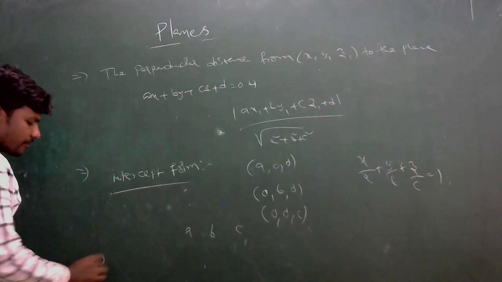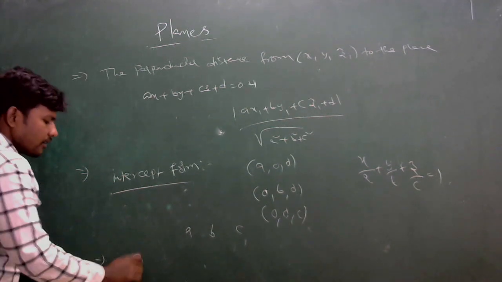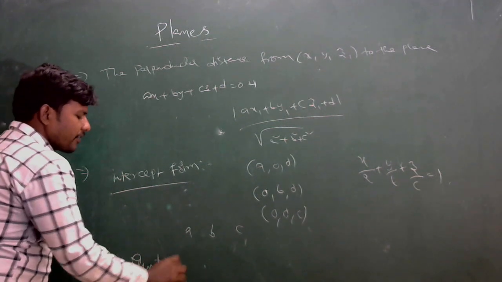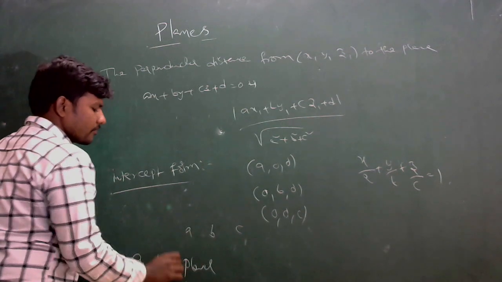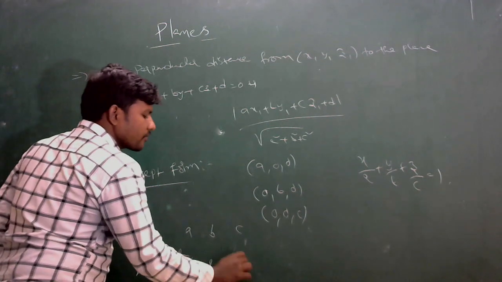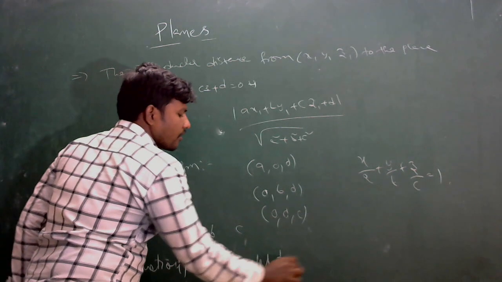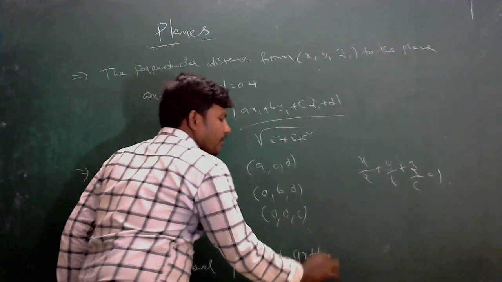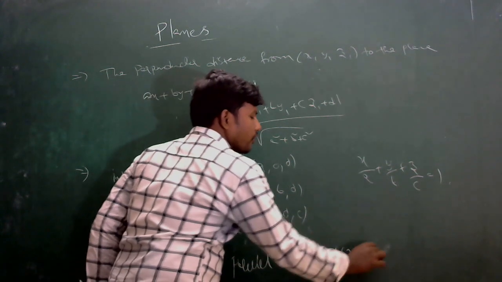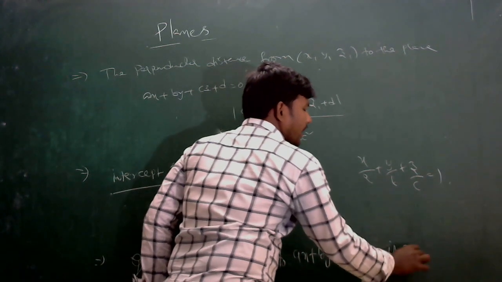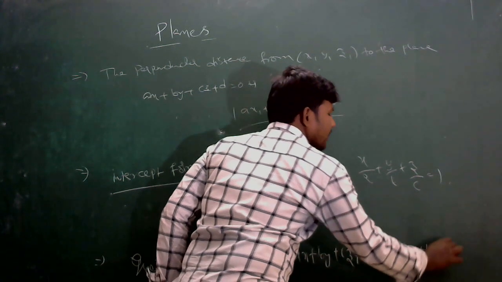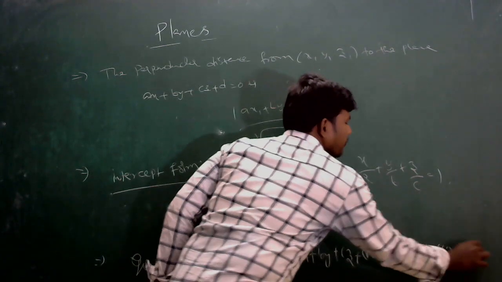Next, the equation of a plane parallel to ax plus by plus cz plus d equal to 0 is ax plus by plus cz plus k equal to 0.